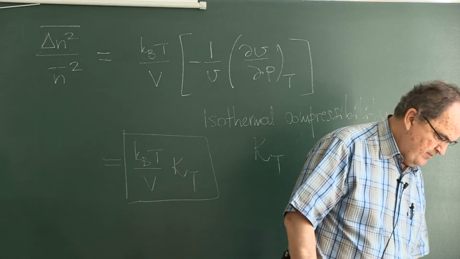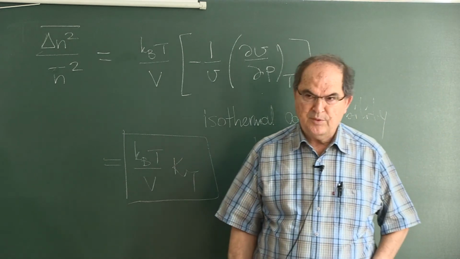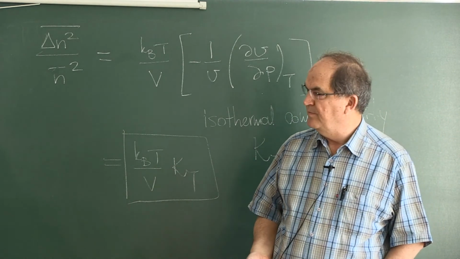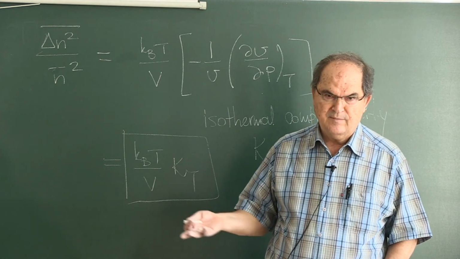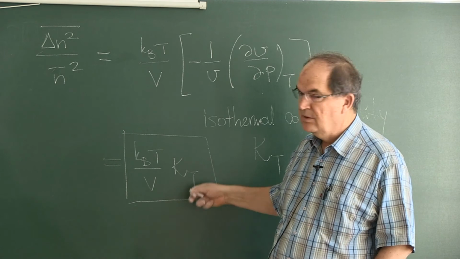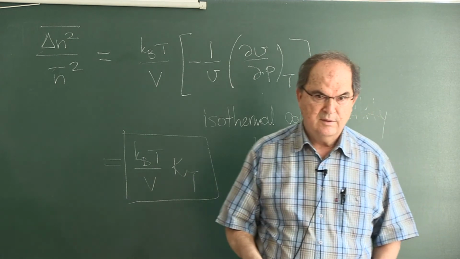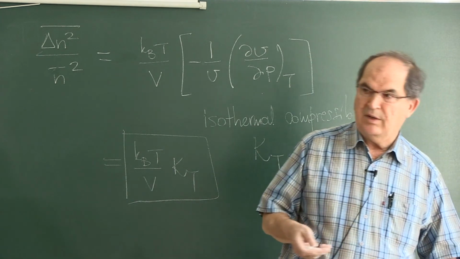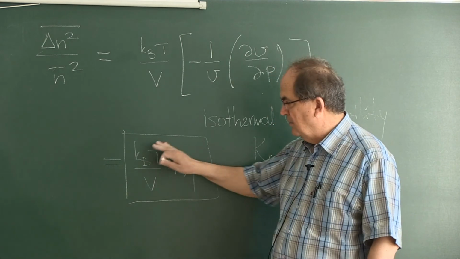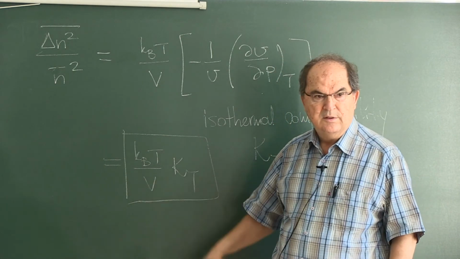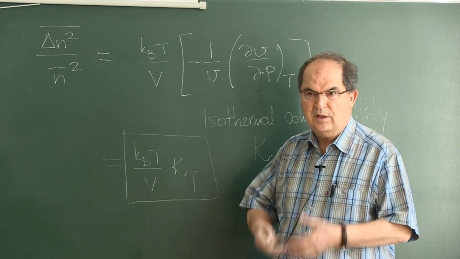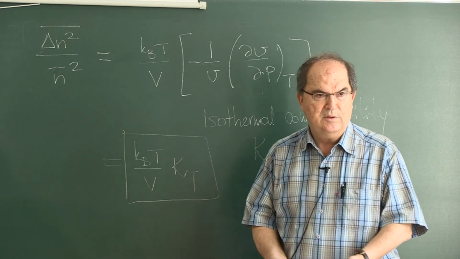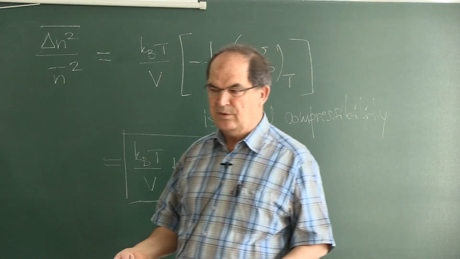Now let me calculate this for a specific system, and the system we all know is the ideal gas. Let's see what this is for an ideal gas, okay? At least we have a feeling of how this should be related to the number of particles. Is it a large quantity, a small quantity? We should have a feeling for this.